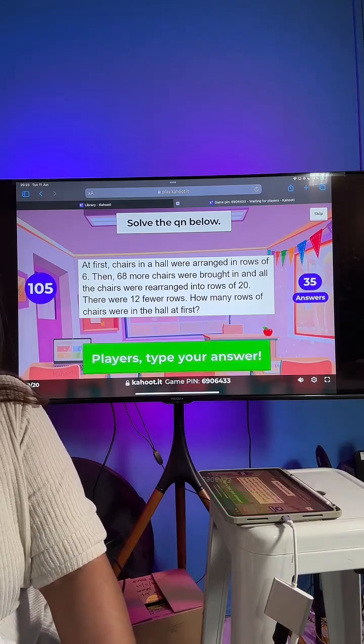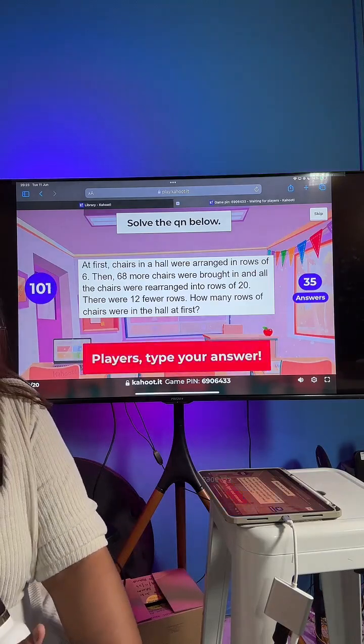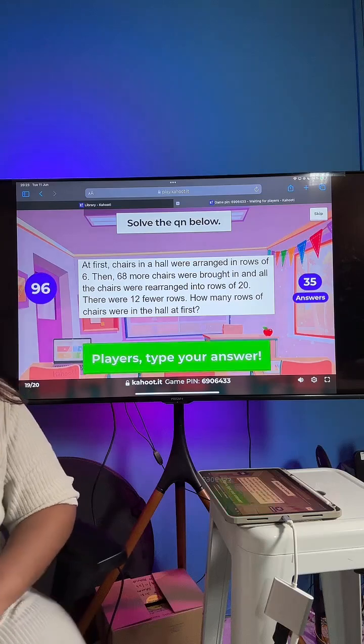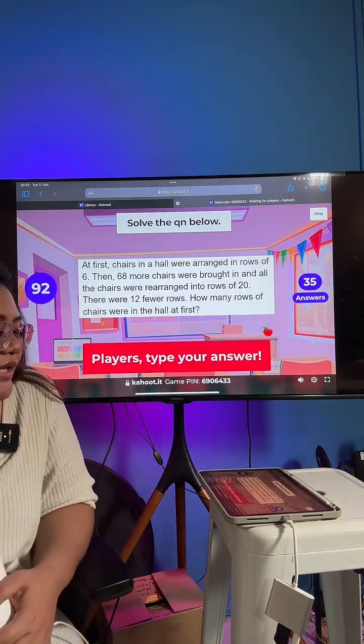Ashraf, try again. Benson, try again. Amber, not right. Oh, a lot of you are getting the same wrong answer for some reason. Think about what it is that you are redistributing, okay?